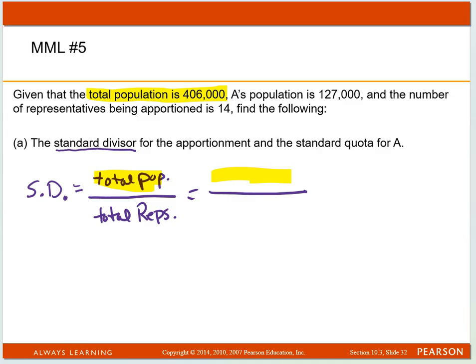That's going to go here. And you are going to divide that by the total number of representatives, and the number of representatives being apportioned is 14. And that's what goes there. So when you divide, you get 29,000.